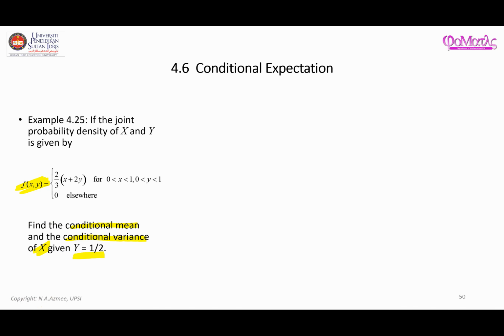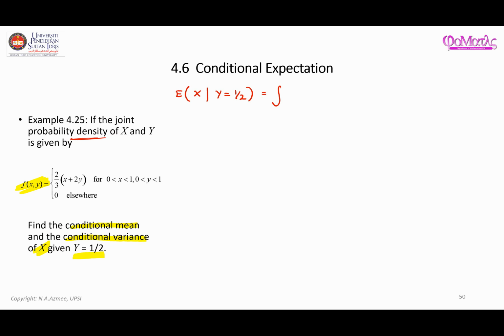We need to find what is x given y is equal to half. This is what you are asked to find, and that can be achieved if you consider the integration process, because we're talking about the continuous case right now.